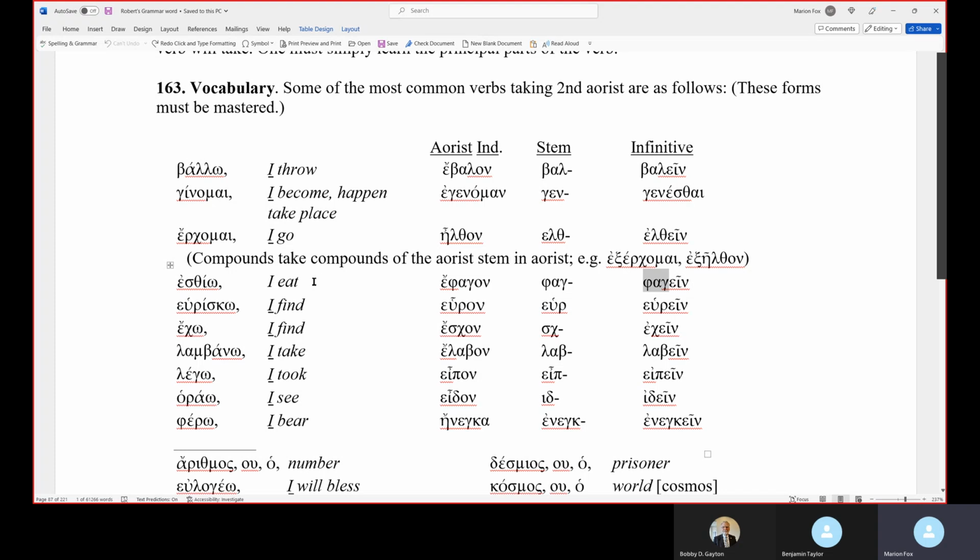Any questions? All right. To consume, they put kata in front of this. Katesthiō, they drop the alpha, and that becomes "to consume." Literally, it means to eat it down. And the lexicon even writes it as "eat it up."